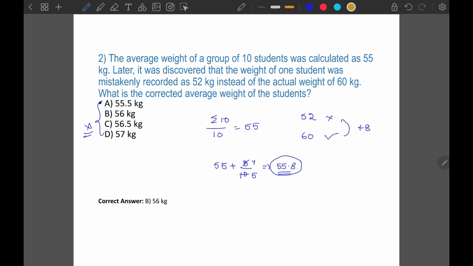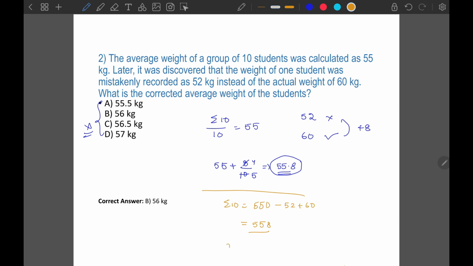We can also check using the normal procedure. The sum of 10 equals 550. For the weight of one student, minus 52 plus 60, which gives 558.